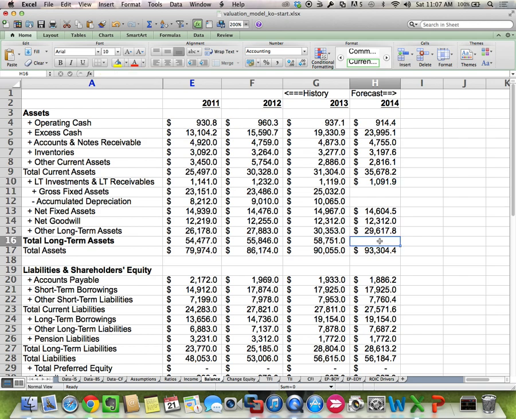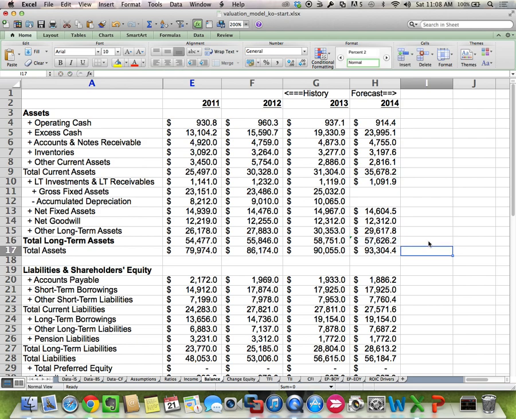Total long-term assets, I can sum from long-term investments all the way down. And just as a check, if I add my long-term assets plus my current assets, I should get the same answer as the total assets. Just make sure my balance sheet balances. But that's the point. I've now got a balanced balance sheet.